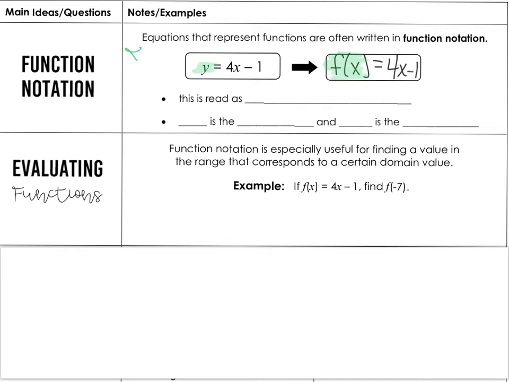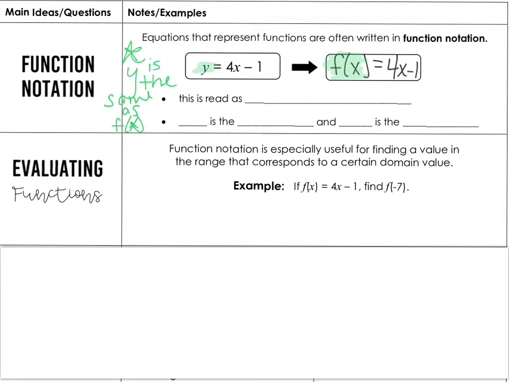It is helpful to remember that y is the same as f of x. You'll see y equals f of x, the same thing, but I like to say y is the same as f of x.